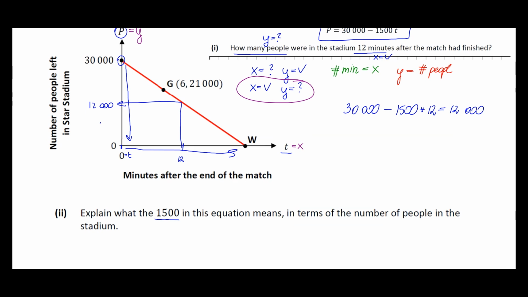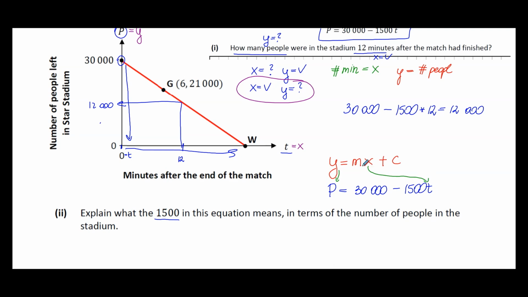So let me write that. y equal mx plus c. Now what I have is P equal 30,000 minus 1,500t. You can say, well, it doesn't look like that. Well, it actually does. At this stage we decipher that P is like y and x here is t.